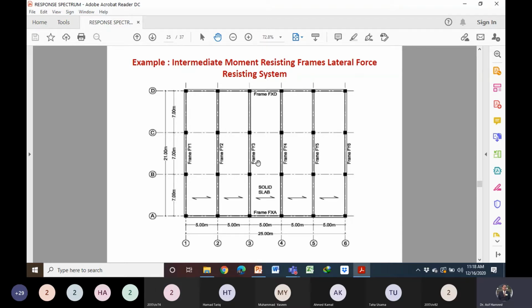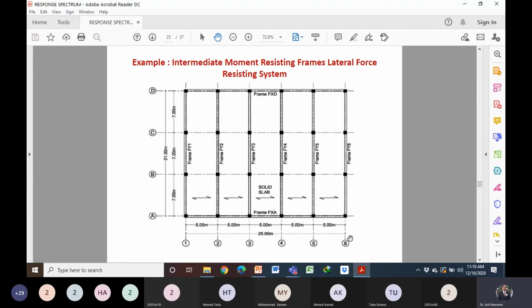We have the intermediate moment resisting frame and we have to find out the lateral forces. This is the plan of the structure. How many grids do we have along the x-axis? We have grid 1, 2, 3, 4, 5, and 6.